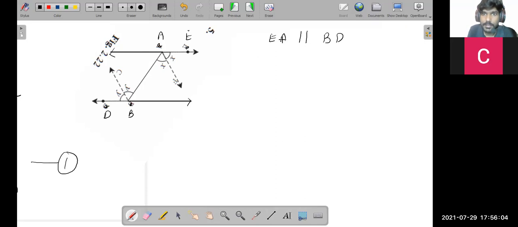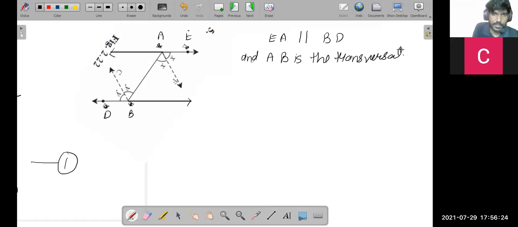And what becomes a transversal? AB. AB is the transversal.